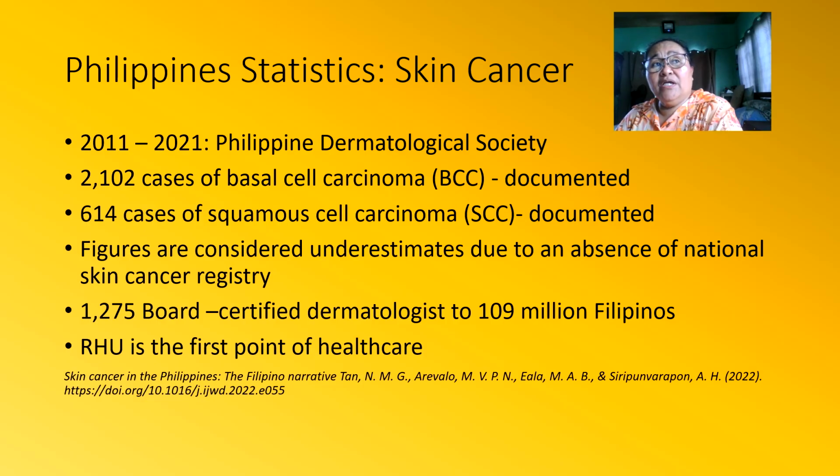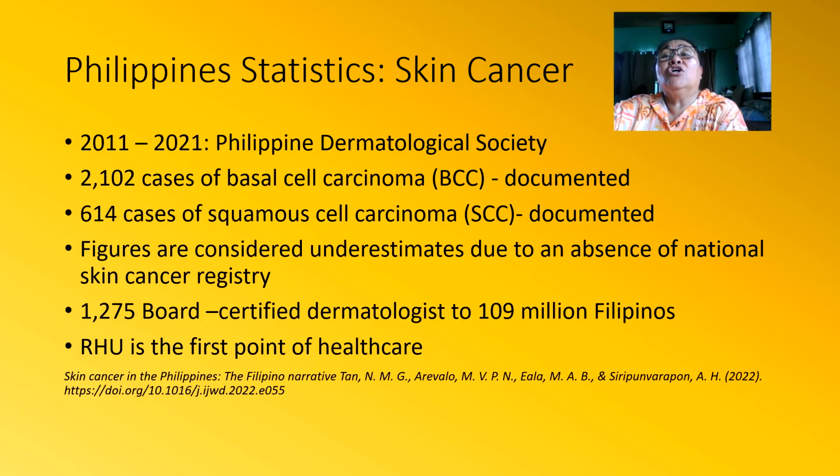Okay, we will also discuss the skin cancer statistics in the Philippines. Reliable and up-to-date national statistics on skin cancer in the Philippines remain limited because the country does not yet have a comprehensive national cancer registry for skin cancers. As a result, the true number of cases is likely higher than reported.